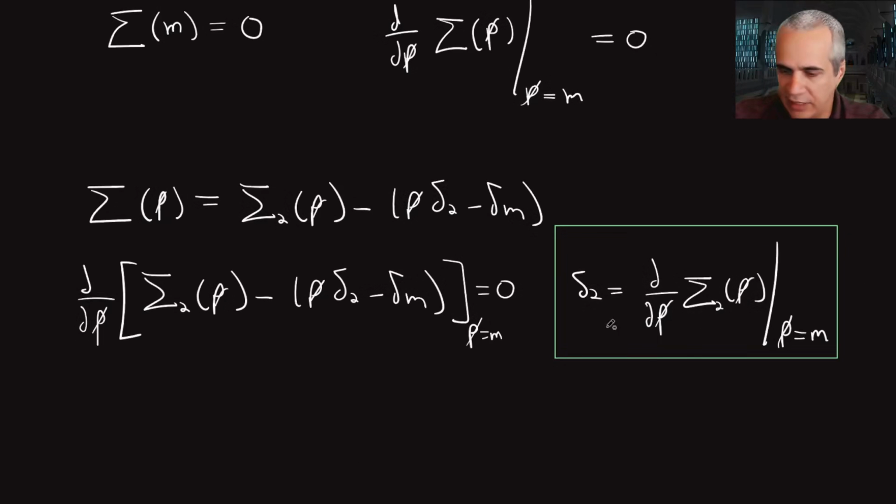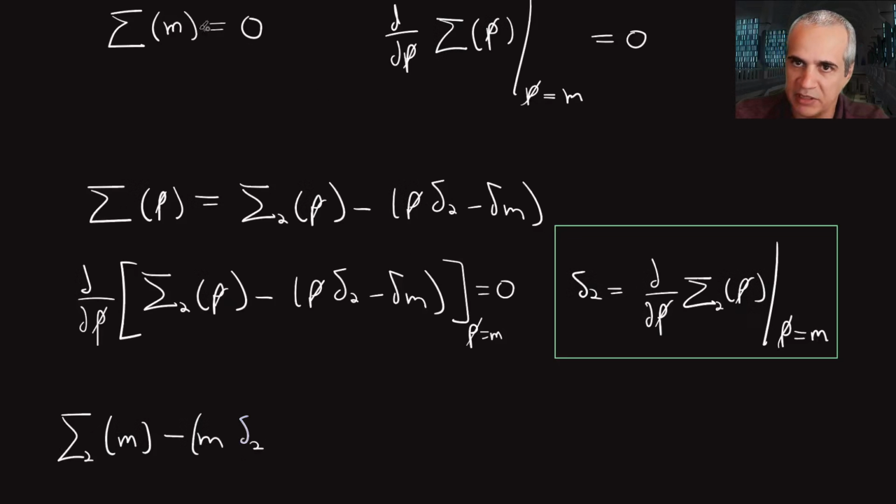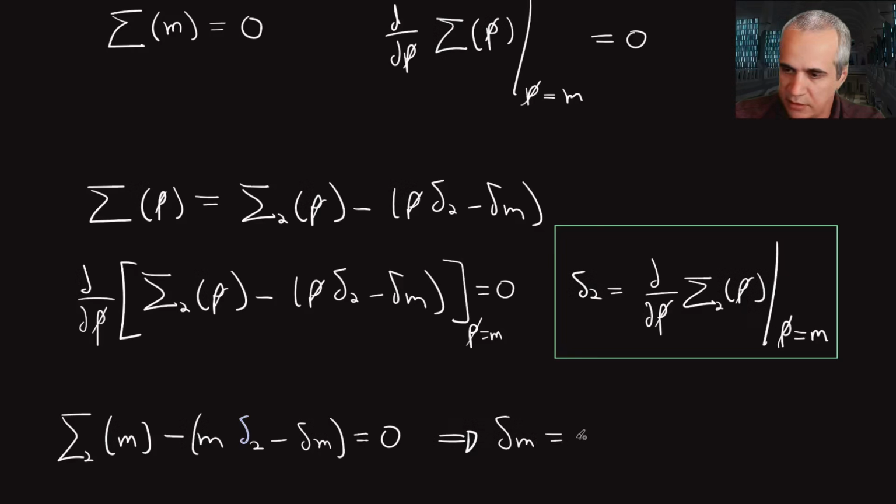And then once we know delta 2, we can go back to this other condition and write that sigma 2 of m, I'm just using this one here, minus m delta 2, because I'm substituting p slash for m, minus delta m is 0, that condition up there, which allows me to solve for delta m as m delta 2 minus sigma 2 of m.